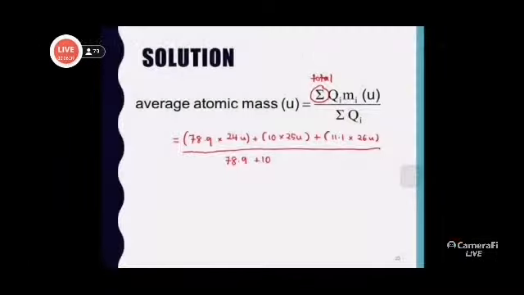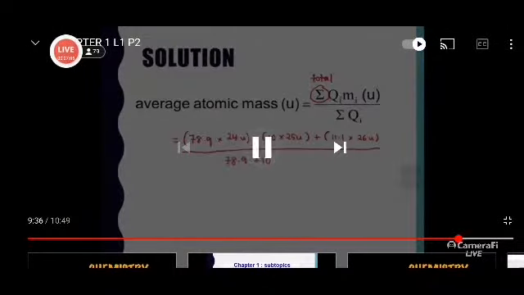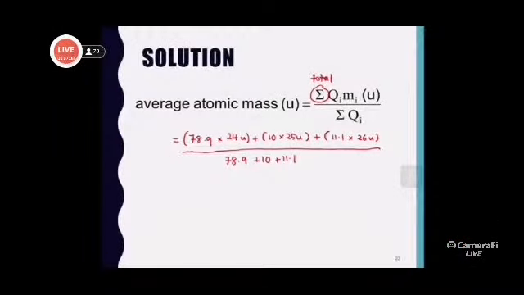Kat sini kesilapan pelajar dia tersilap letak dia punya M. Dia letak 24 plus 25 plus 26. Salah lah. Jadinya pastikan you betul-betul insert the data. Di atasnya adalah Q darab dengan M.